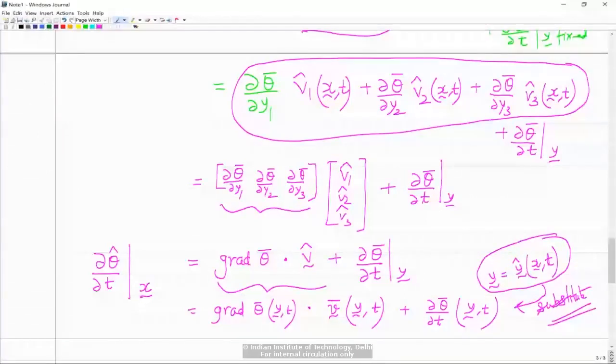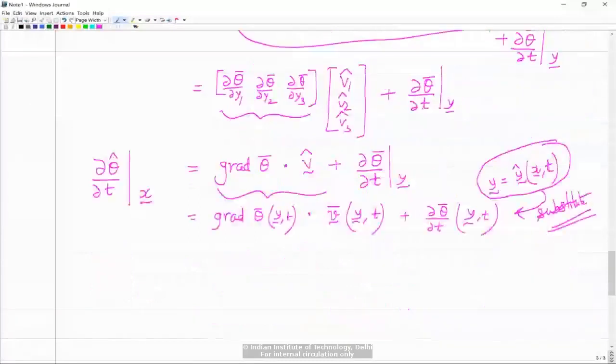So going in the same direction, you can also relate the Lagrangian and Eulerian derivatives of velocity. And when you do that, what you get is del v hat by del t, keeping x fixed, that is equal to, you see, whatever you are taking the derivative of, you have to take the gradient of that.